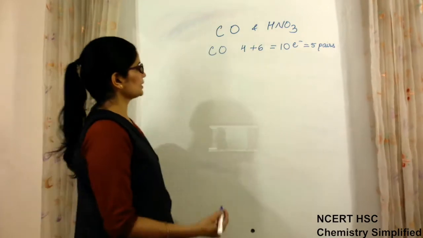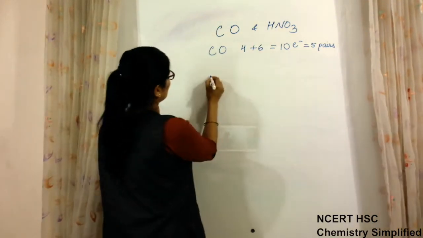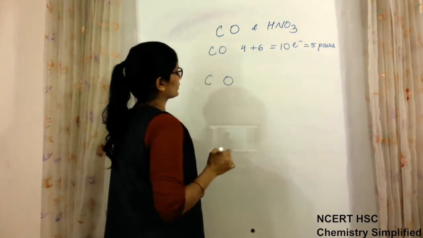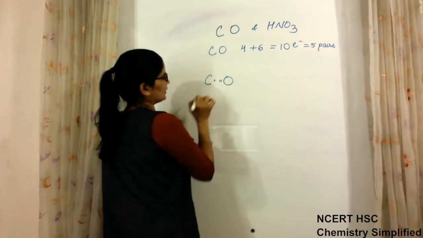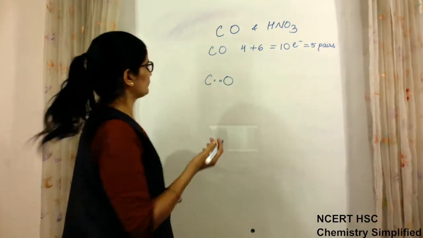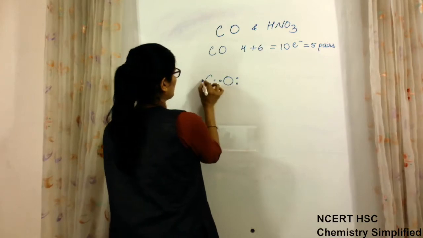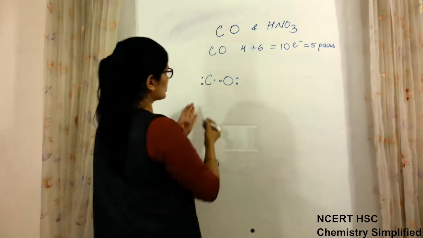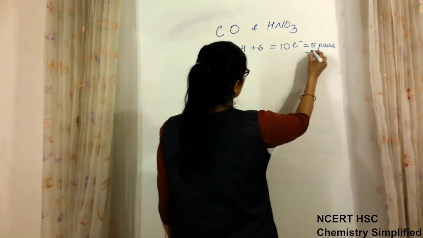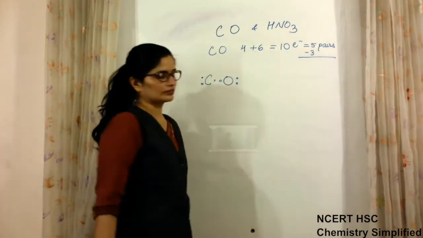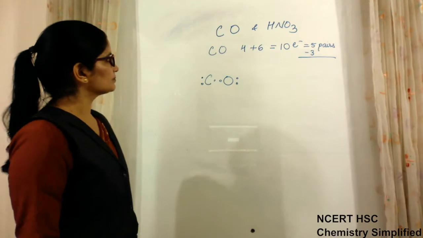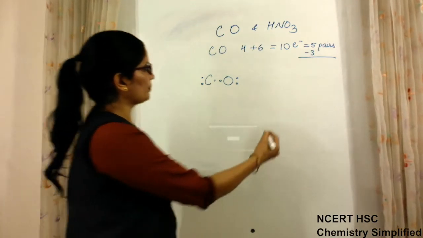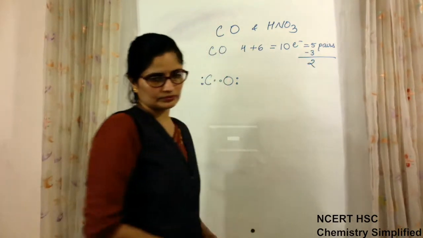Now CO, one pair in between as usual, one as lone pair to both of them. So out of 5 pairs, 3 are gone. Now remaining 2 more pairs are left.